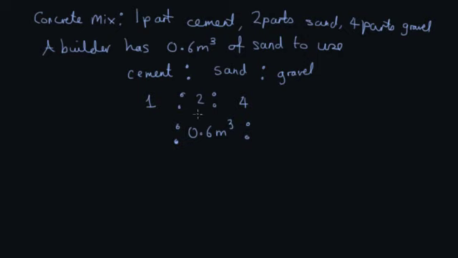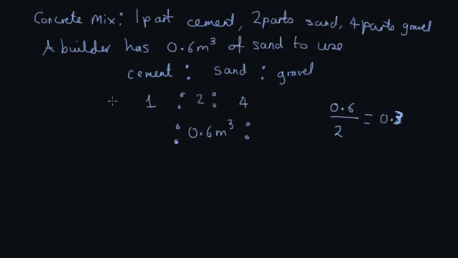Now let's think. We can take the same principle of the scaling factor. So we know how much sand we have. So we've got 0.6 and we're going to divide it by 2. So that gives us 0.3.